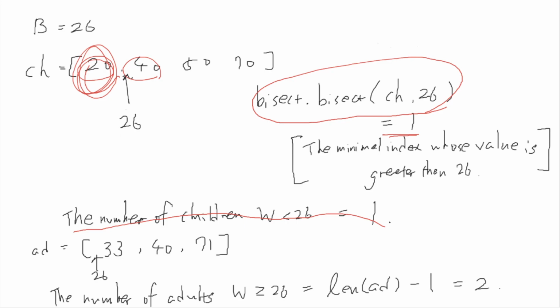Then we adapt it for the adults list. Again, we have 1 using bisect. And the number of adults whose weight is greater than or equal to 26 is the length of the adult list minus 1, which is 2.